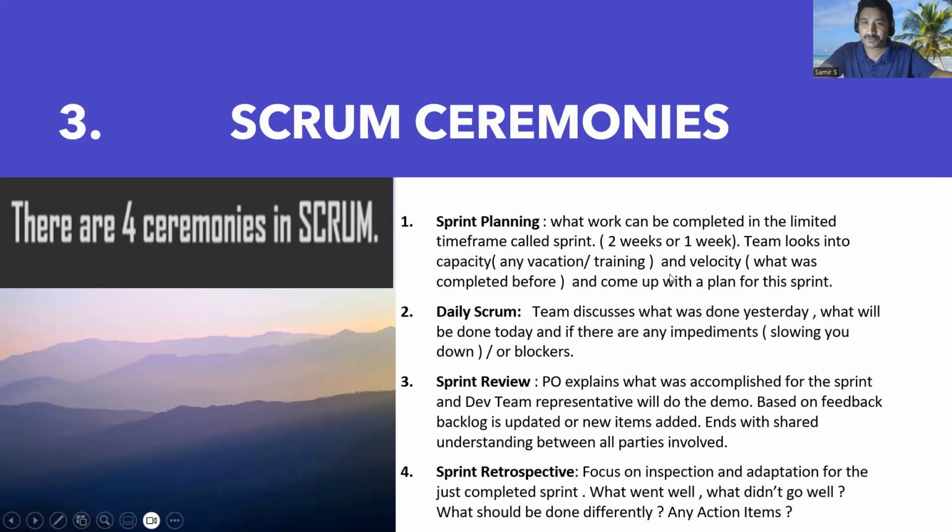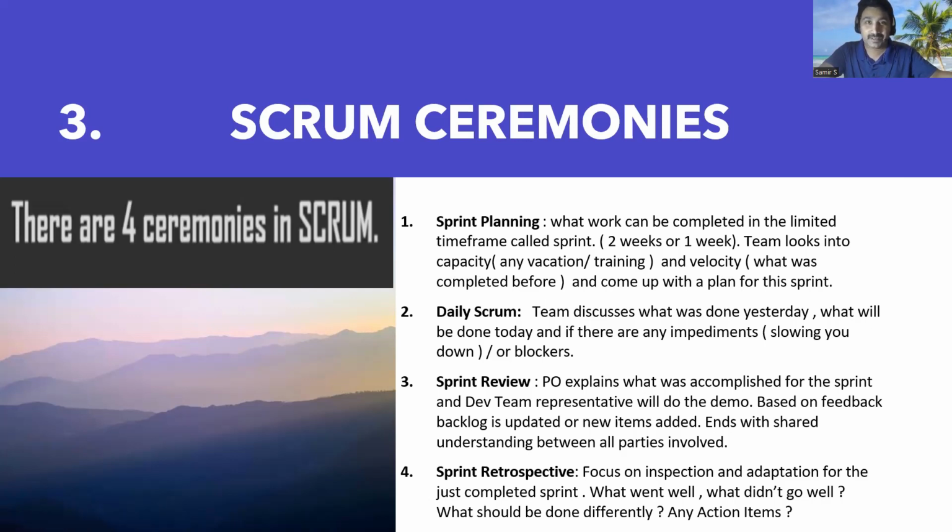So let's say 2 resources are taking vacation, then we need to take into consideration what the capacity is, right? If the capacity is less, then we have to reduce the velocity, because in the previous sprint, if there were 10 resources and no one had any vacation, then the capacity is full, and so the velocity will also be higher in terms of story points.